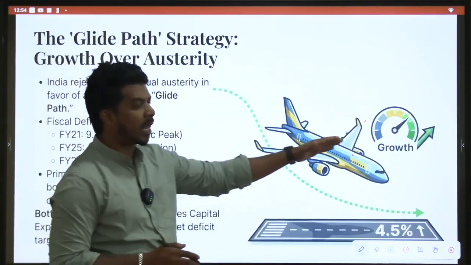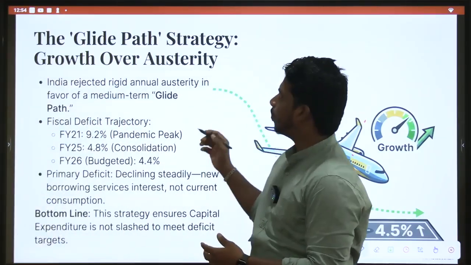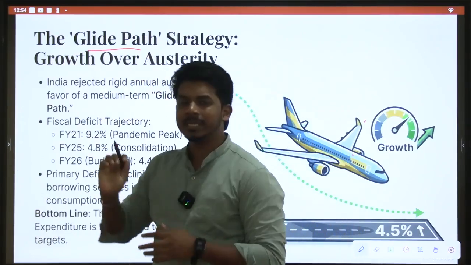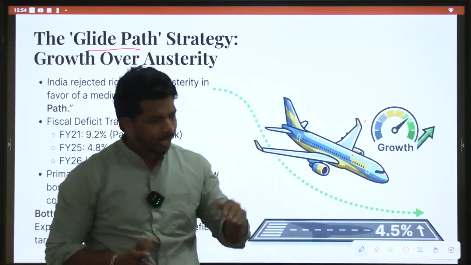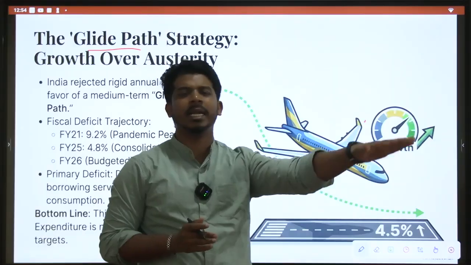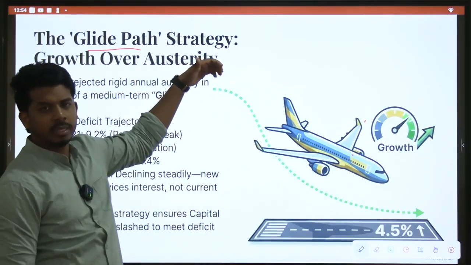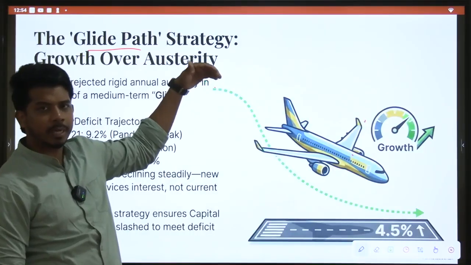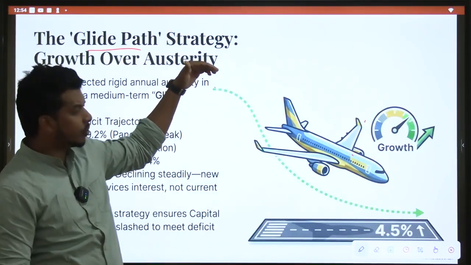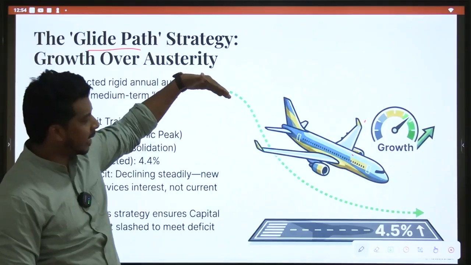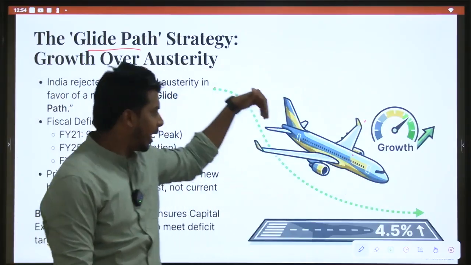The government has come up with a plan called the glide path. So, glide path strategy. What is the glide path strategy? Simply glide, just gliding. I have too high a debt now. The debt amount compared to my GDP is too high. So I will glide slowly, not suddenly fall.